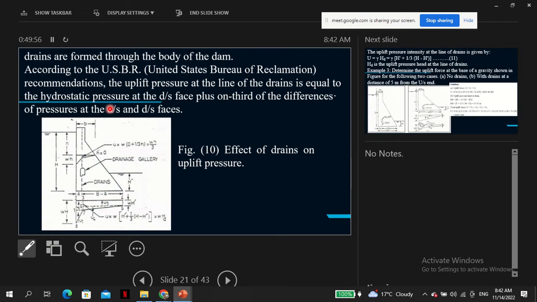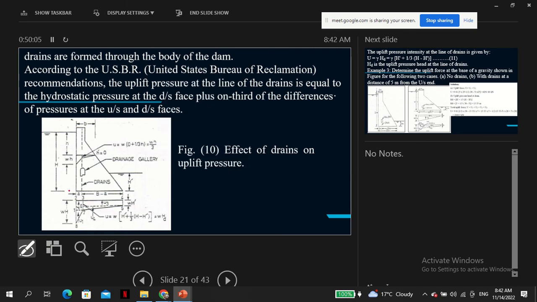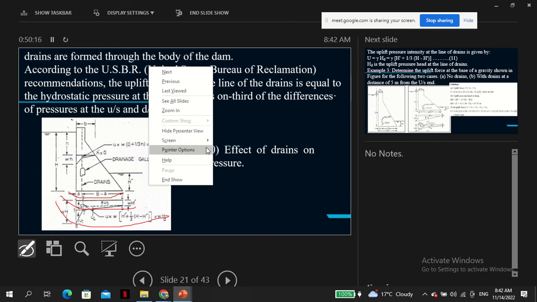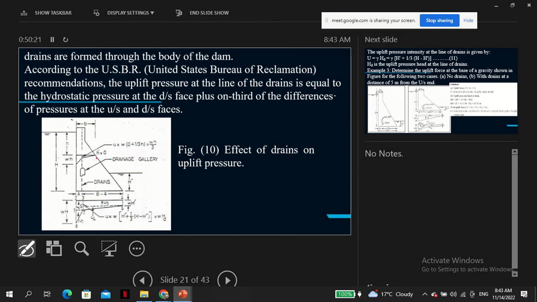Because the water is trying to flow from this end to that end, pore water is trapped and tries to cause uplift. So to reduce this, you need to provide some drainage so that the excess pore water pressure can flow away.